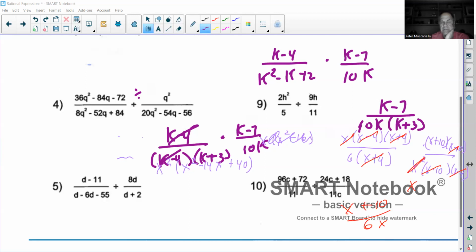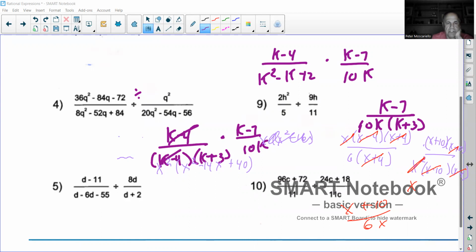We get that right? Let's find out. X plus 10 divided by, oh, that's not what we wanted. All right, so I think maybe I should put this x plus 10 in parentheses.